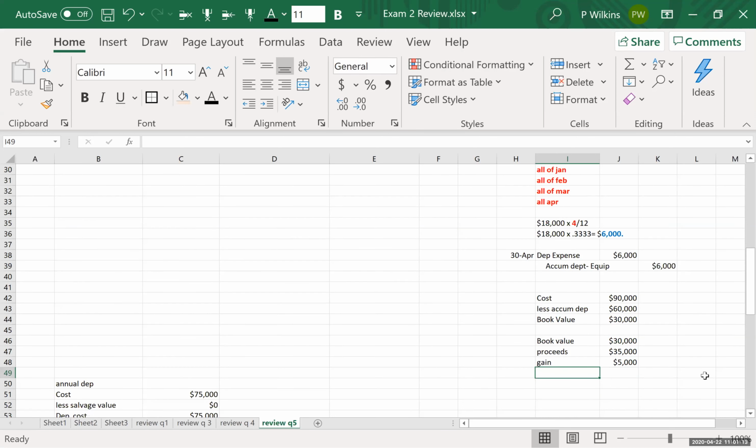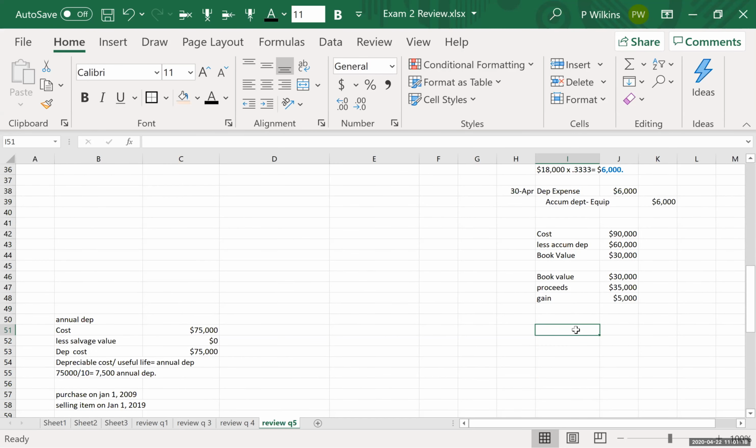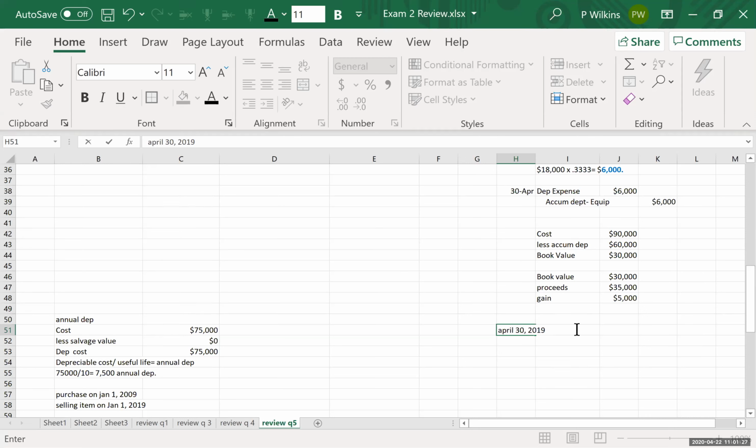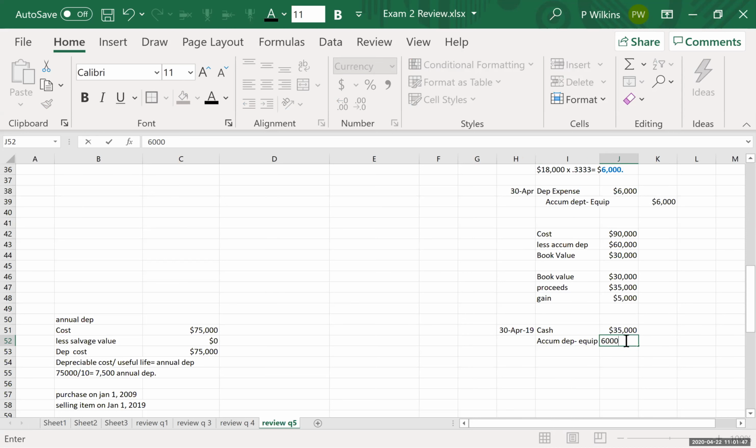So then we have to do the entry. On April 30th, 2019, we are going to debit cash, the amount of cash that we get, which is $35,000. We're going to debit accumulated depreciation equipment for the total of the accumulated depreciation, which was $60,000.